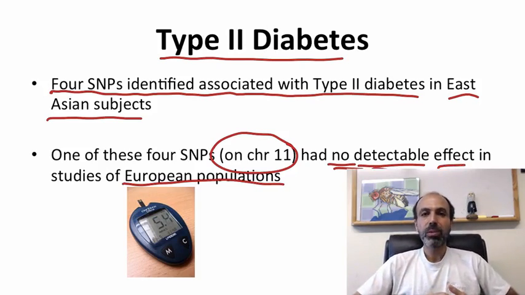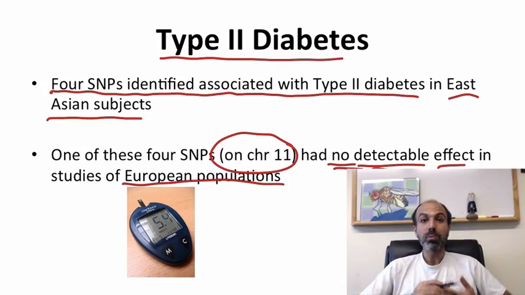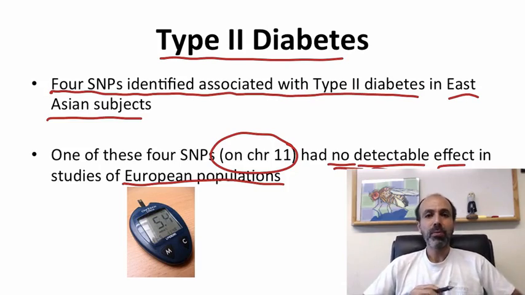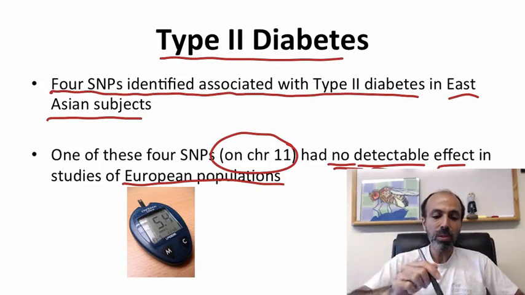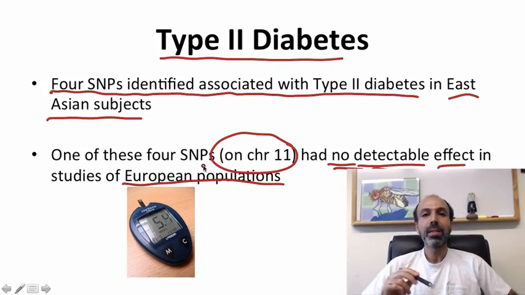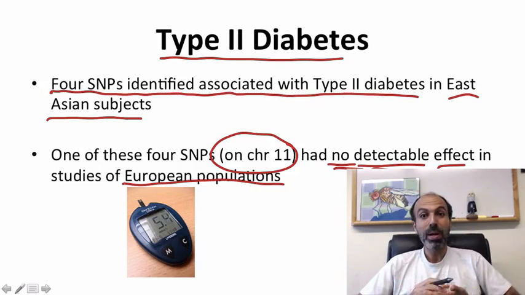There are many possible explanations for this. One of them is, as we mentioned before, epistasis. There are interactions between genes. For example, another variant may be very common in Europeans that makes it so this particular gene variant that's near the SNP that's causing diabetes in East Asians doesn't have that effect in Europeans. That's one possibility.